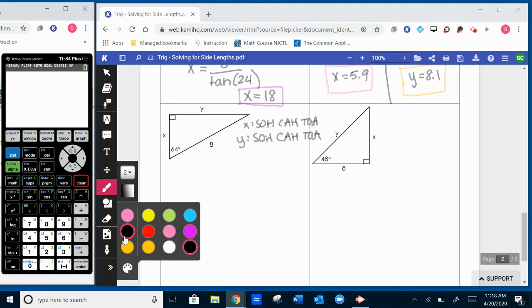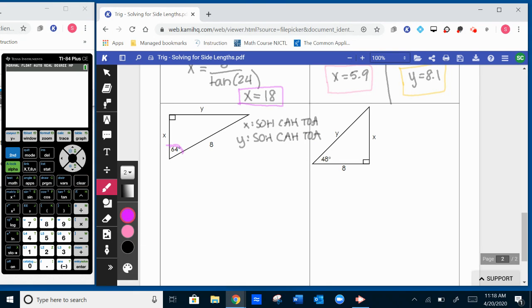Okay, so our reference angle is 64 degrees. I have my hypotenuse. I have my opposite side. And I have my adjacent side. So I'll start with x again. That's going to be my A and my H, because we always want to look at where we have an actual value. So I'm going to be using the hypotenuse.